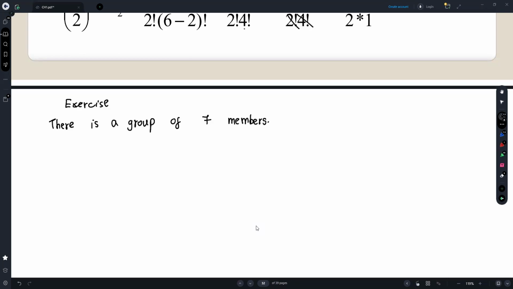So there are 7 members, a group of 7 members. You want to select a committee of 5.